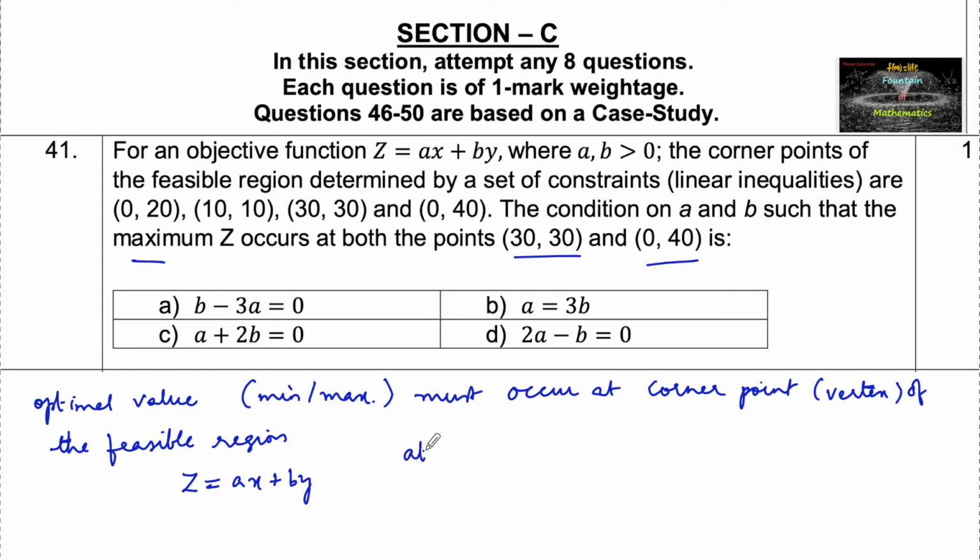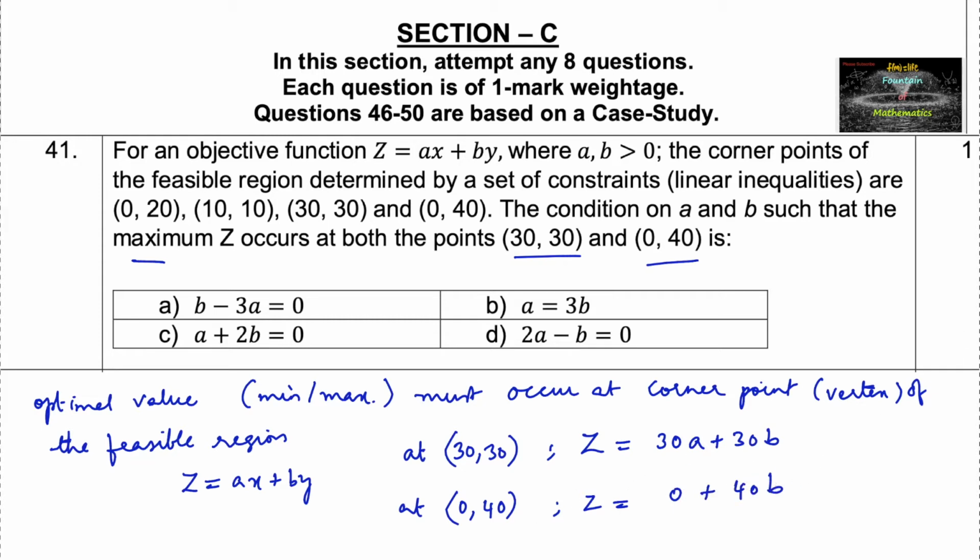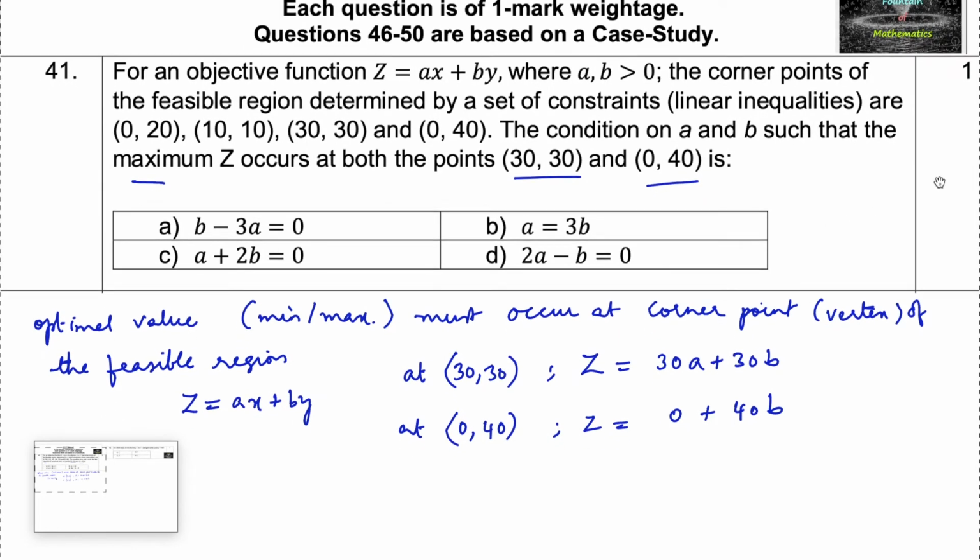So at (30, 30), z is equal to 30 times a plus 30 times b, and at (0, 40), objective function z is equal to 0 into a plus 40 into b, that's 40b, and the maximum occurs at both the points means the objective function at (30, 30) and objective function at (0, 40) will be the same.